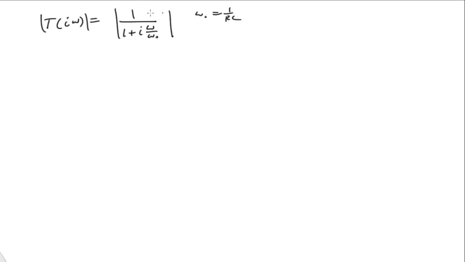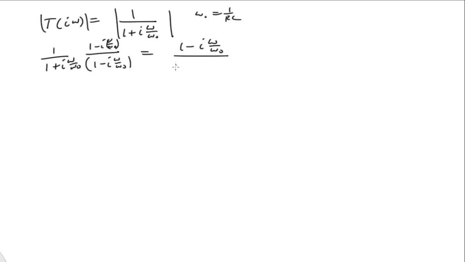The first thing we need to do is turn this into a complex number that we can assess. We see we have that imaginary part in the bottom, so we're going to do a little complex arithmetic. I'm going to multiply by its complex conjugate, top and bottom, and we get 1 minus i omega over omega naught, all over 1 plus the quantity omega over omega naught squared.